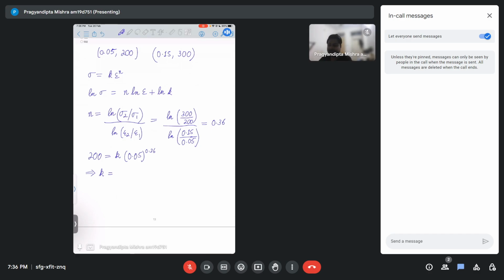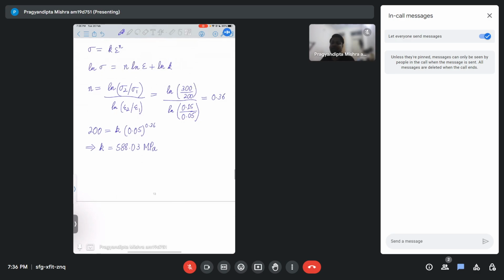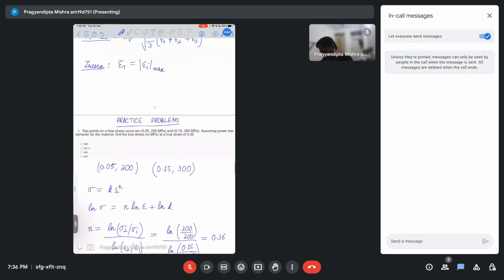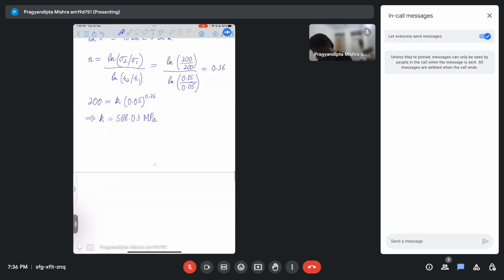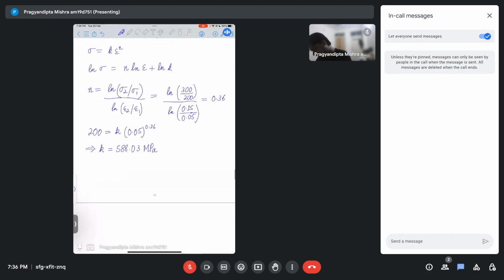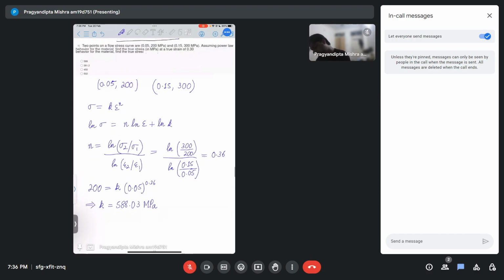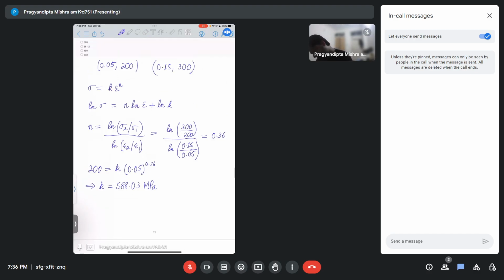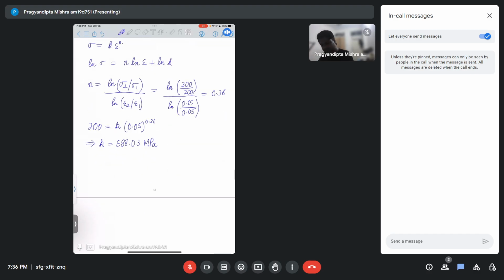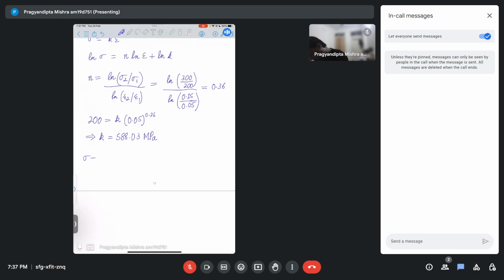So this is equal to 588.03 MPa. Okay. So finally, they have asked us for 0.3. They have asked us at 0.3, what is the value of stress? Sorry, true strain 0.03? No, 0.3 only, not 0.03. So they have asked us sigma value at 0.3.